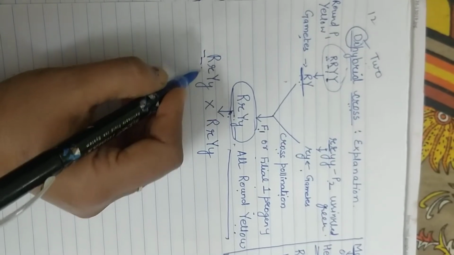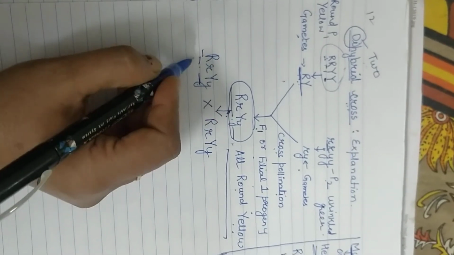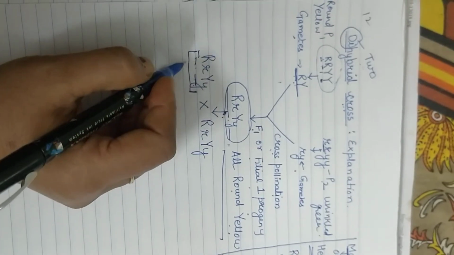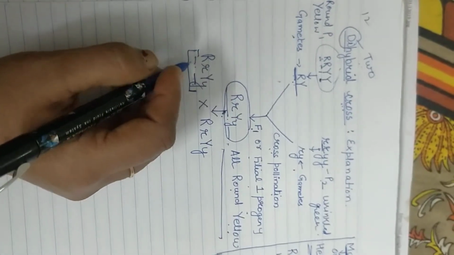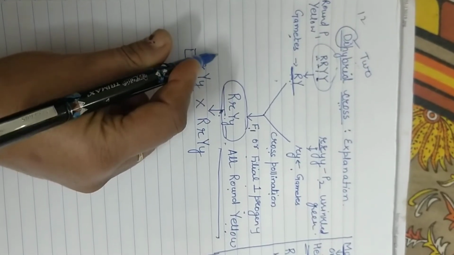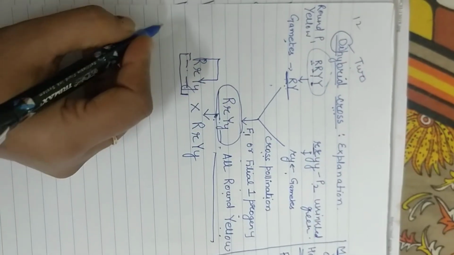Children, if you see, what gametes will be formed from this? If we consider this as a parent, what are the different possibilities of the gametes? One will be this R crossed with this Y, that is RY.